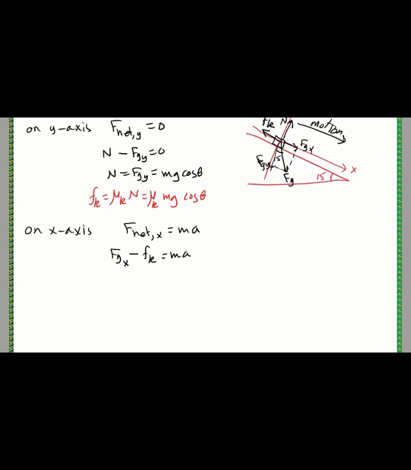Fgx is mg sine theta, minus Fk, which is mu k mg cosine theta. These are equal to m times a. You can factorize mg and be left with sine theta minus mu k cosine theta equals m times a. You can cancel m on both sides, and you have here the acceleration.